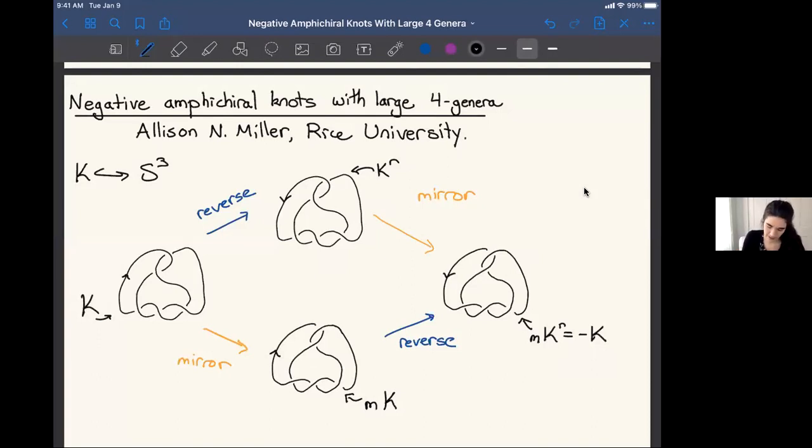And so if K is the original, if we reverse the orientation on K, we get K reverse. If we reverse the orientation on S3, we get what's called the mirror. And then these two operations commute.